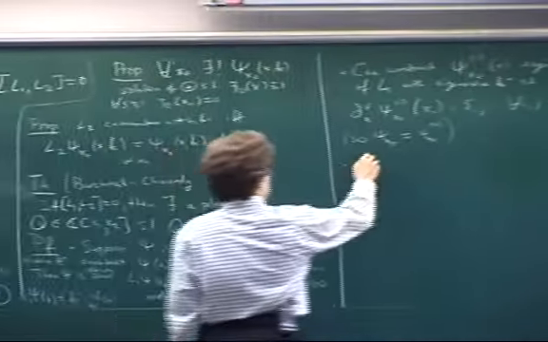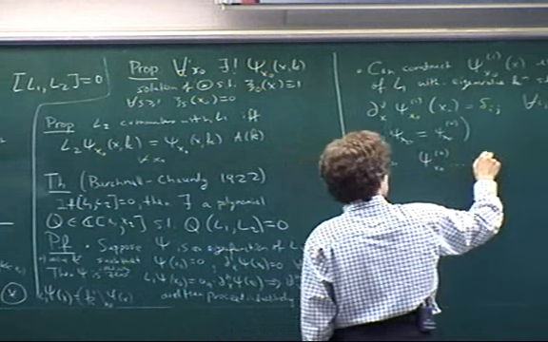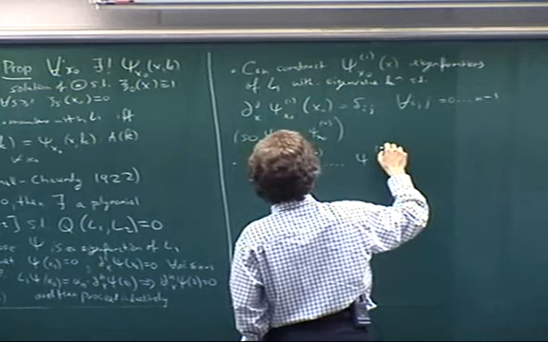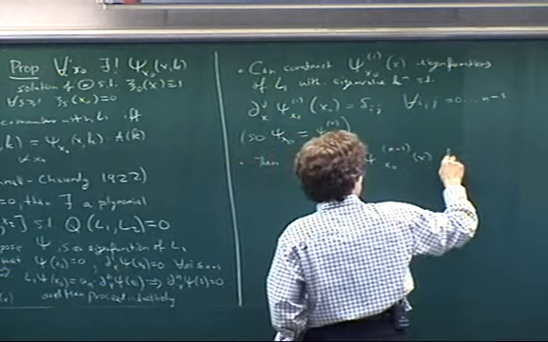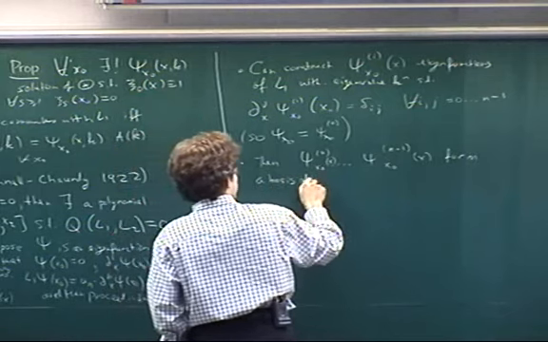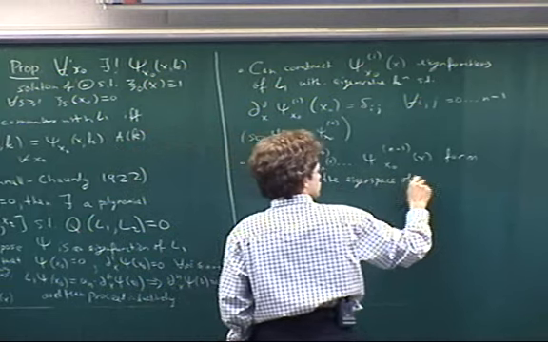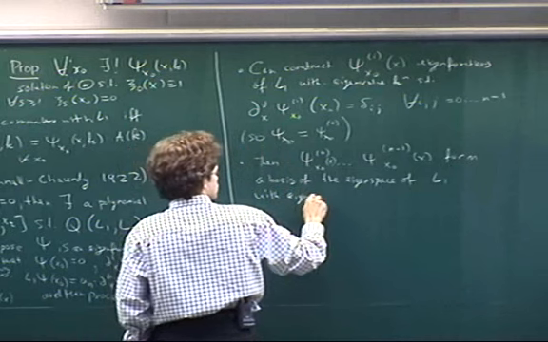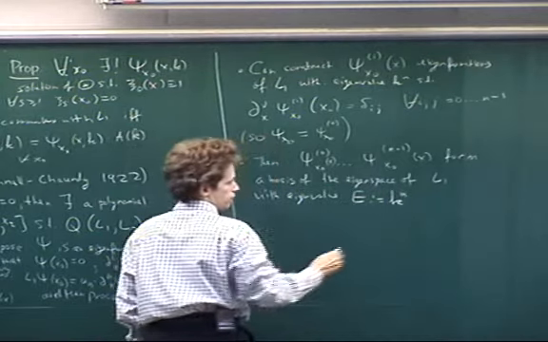Okay? Then it follows that psi 0 x naught, up to psi n minus 1 x naught of x, form a basis of the eigenspace of L1 with eigenvalue, well, let's introduce notation E for k to the n times u_n.